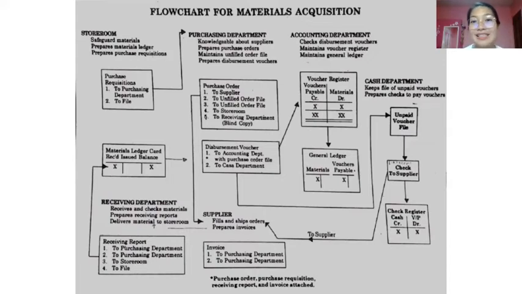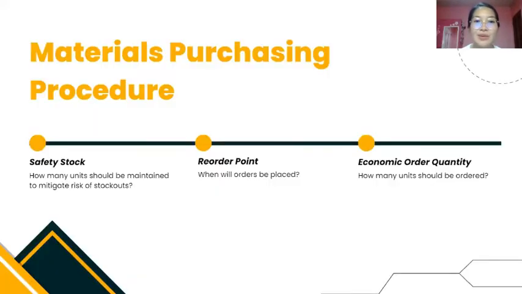So that is the flow chart for acquiring materials. I hope that's clear to you how companies purchase or order materials, in general.